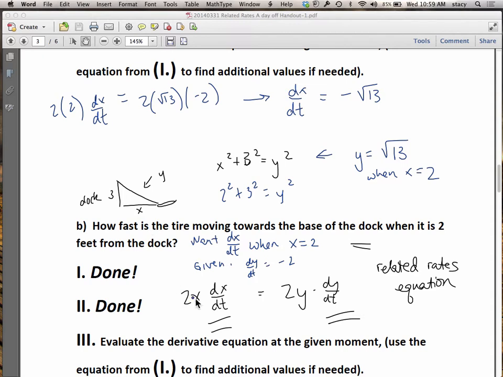Oh, you're talking about having a distance and a rate in the same equation? Right. Yeah. I did not use this equation to find y. I used the original equation relating the distances to find y, right?